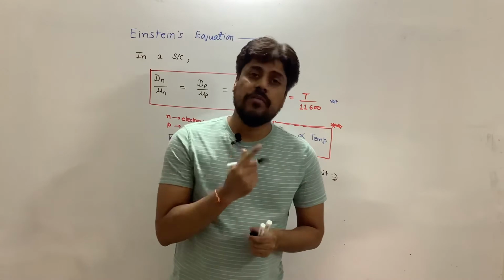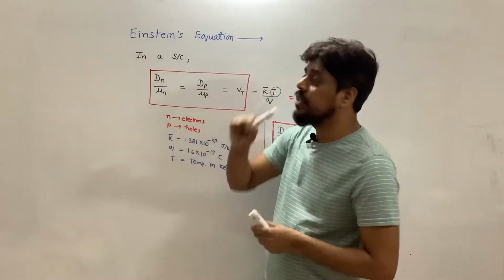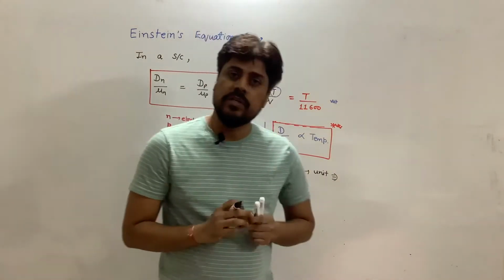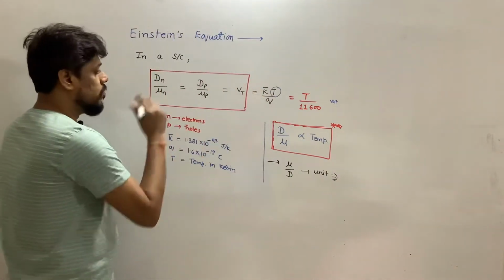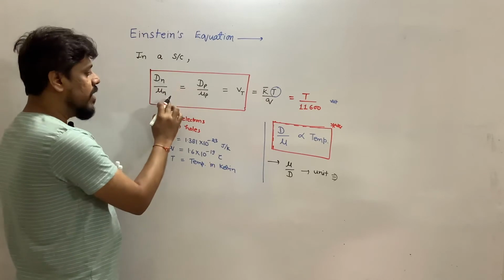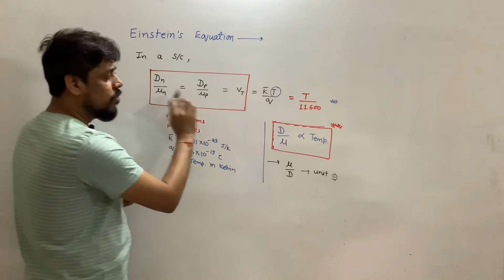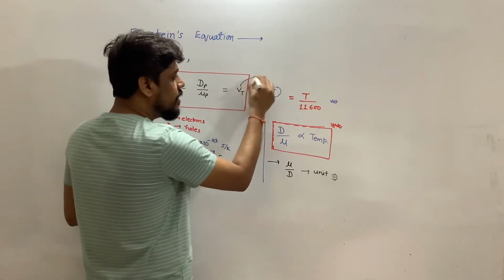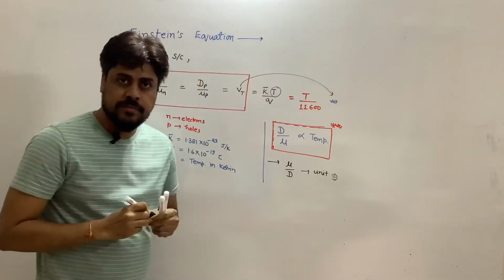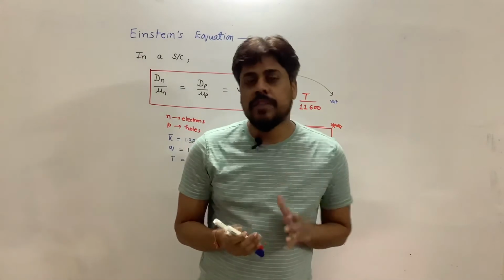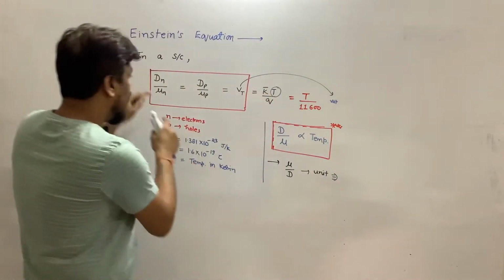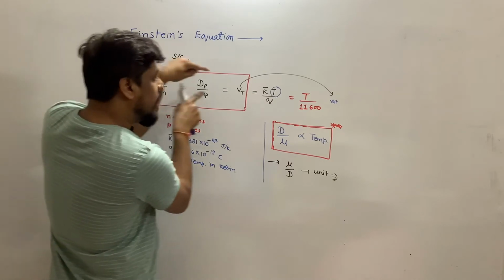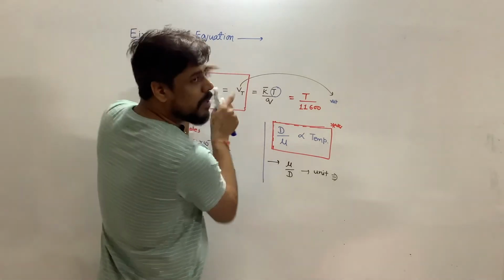Within a second you can find it by using this Einstein relation. Diffusion constant divided by mobility is equal to what? Thermal voltage, right? And the unit of thermal voltage is volt. It means the ratio of diffusion constant divided by mobility has the same unit as thermal voltage.